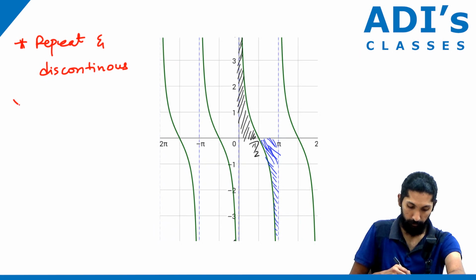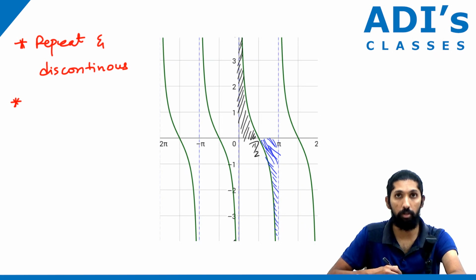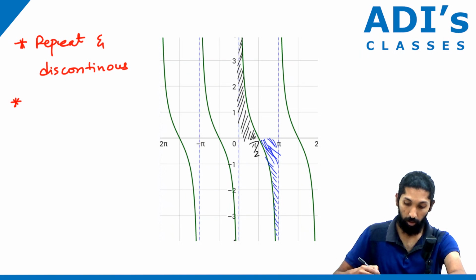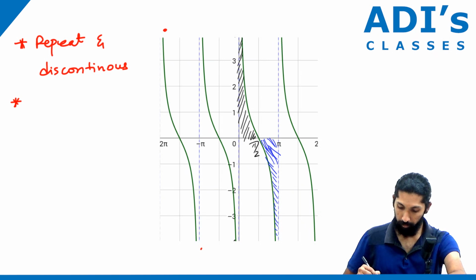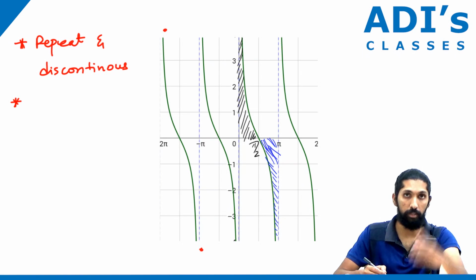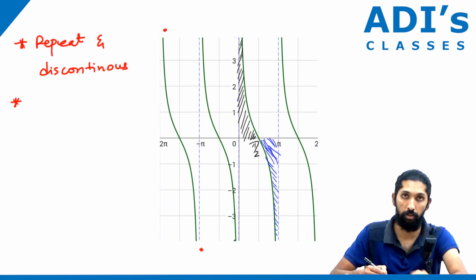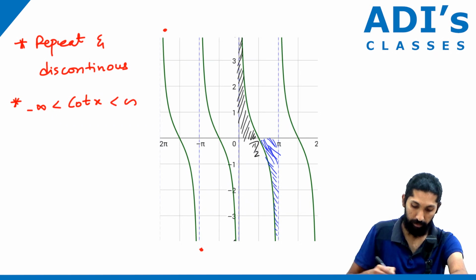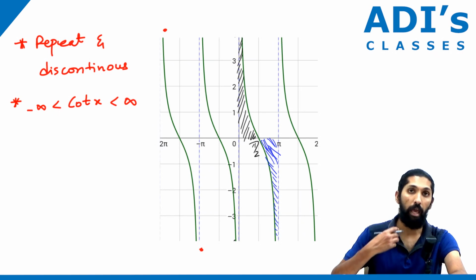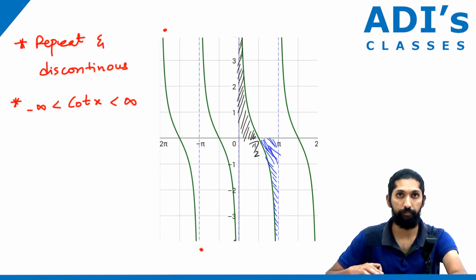What are the values cot x can take? See, cot x is going from plus infinity all the way to minus infinity, isn't it? So there is no break in between whatsoever. That means cot x can go from minus infinity to plus infinity. Every value it can take.